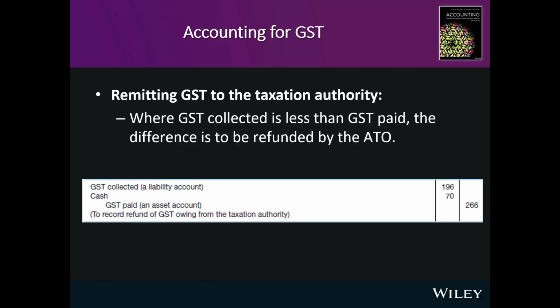When you're trying to remit, normally GST collected, which is a liability account, is more than the GST paid. But there are chances that it can be lower than the GST paid, which is an asset account. In this transaction, we assume the opposite: GST paid is more than the GST collected, so we will be collecting cash. But again, normally GST collected is greater than the GST paid.